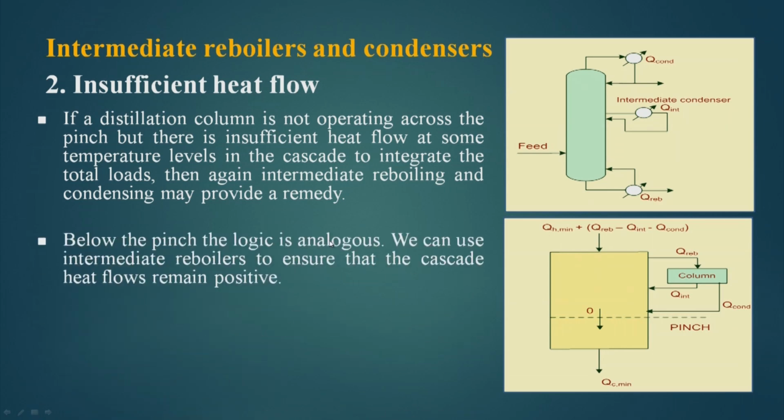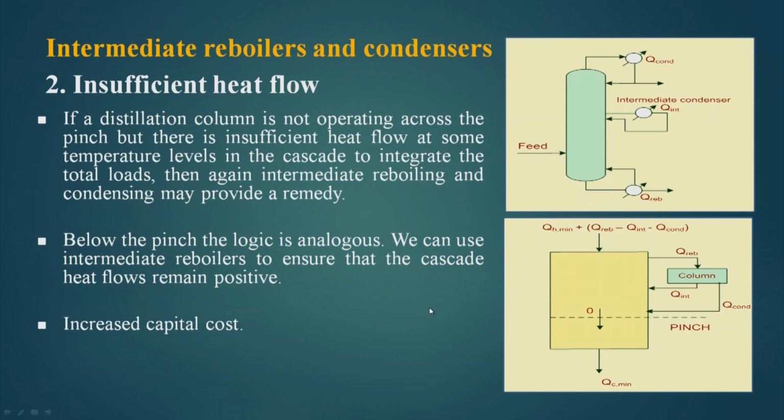Below the pinch, the logic is analogous. Here I have shown you above the pinch. Similarly, below the pinch I can have the same logic. We can use intermediate reboilers to ensure that the cascade heat flow remains positive. There we will use intermediate reboilers, as intermediate coolers have been used in the upper part of the pinch.